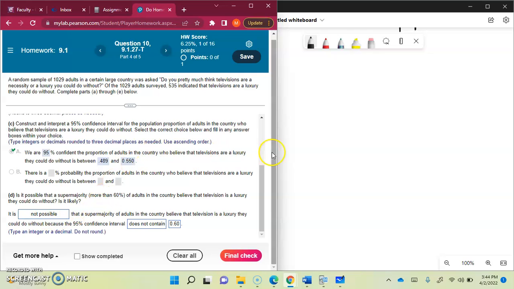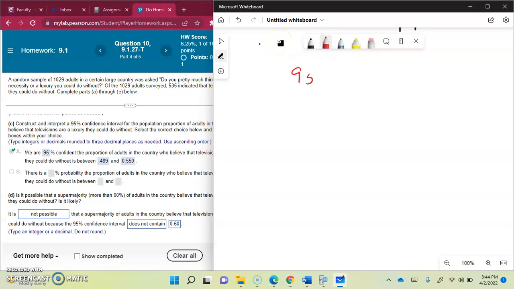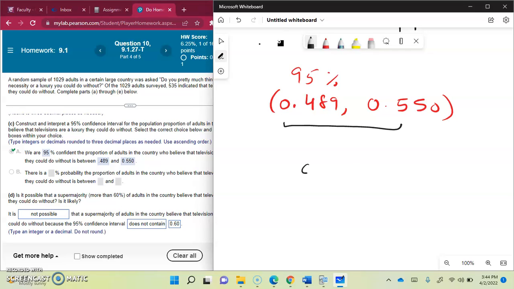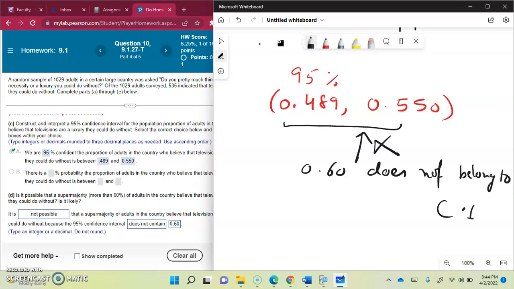We figured out the 95% confidence interval is 0.489 to 0.550, and you can see that 0.60 is not even in here. It does not belong to the confidence interval, so it's not likely.